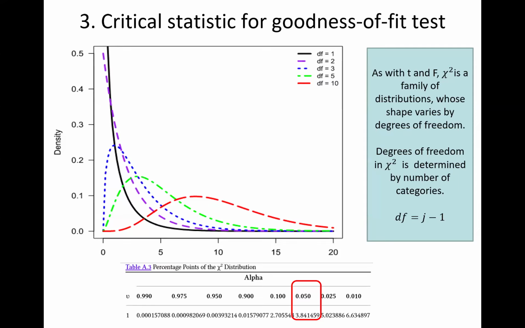I'm just taking that as a given, in which case with 1 degree of freedom, all the way over there on the left where it says nu is 1, and going over to the column where alpha is 0.05, we see a critical value of 3.84. So that's our critical value. The chi-square distribution table can be found in most textbooks.